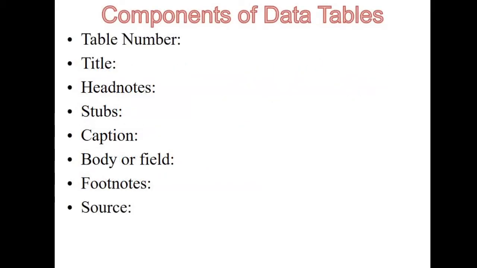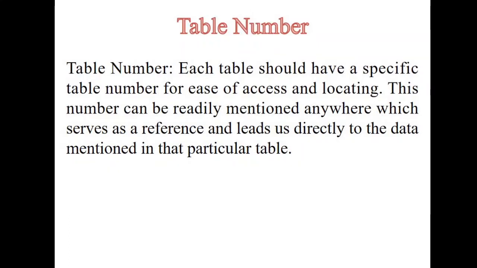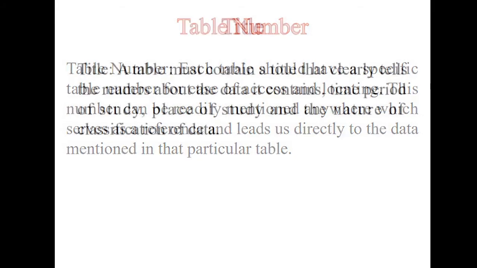Next, components of a data table. What are the components of a table? Table number, title, headnotes, stubs, caption, body or field, footnotes, sources. These are the components of a table. What is table number? Each table should have a specific table number for ease of access and locating. This number can be readily mentioned anywhere, which serves as a reference and leads us directly to the data mentioned in the particular table.